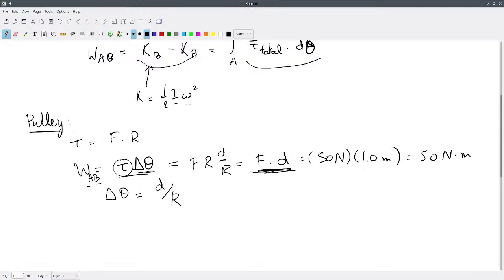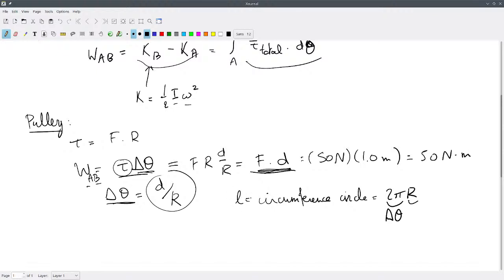Okay, so now that we have the work that's equal to F times d, we can get to the change in kinetic energy, right? But just to answer in the chat, there's a question: how do we get to this? Well, let's write it the other way around. The circumference of a circle, which shall not surprise you, is 2 pi r, right? So that means an angle of 2 pi and a radius r corresponds to a length, the circumference, that is theta times r.